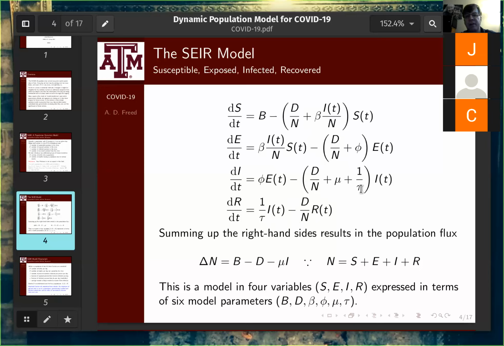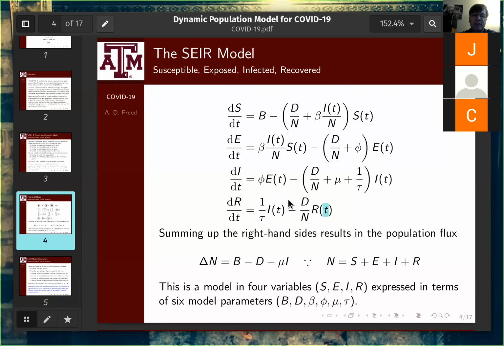And then you have, after you've been infected for so long, tau is the number of days it takes to typically recover from the infection. So if you're recovered here, then that enters into a recovery term here. And then you have your removal of possible people who have recovered that otherwise die of natural causes.